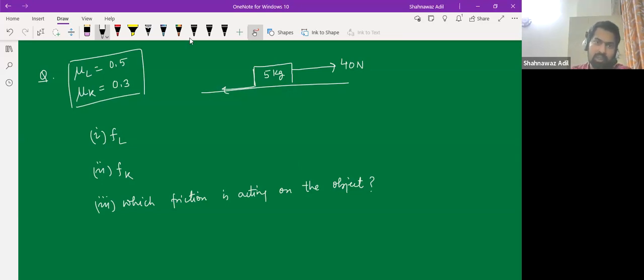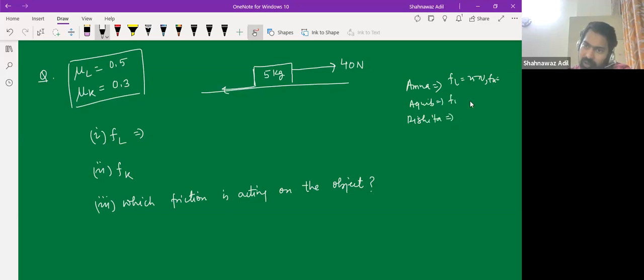So Amna is saying that FL is 25 Newton, and FK is how much? And the question is which friction will be acting on that object? Rishita also got 25 Newton for FL.